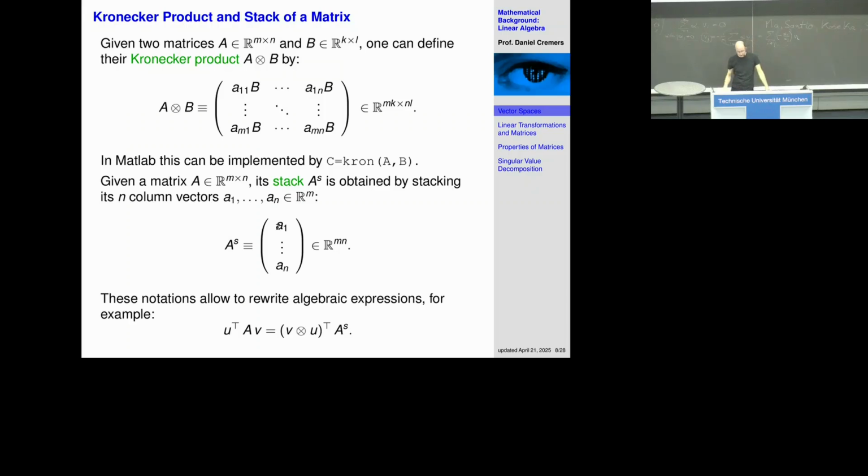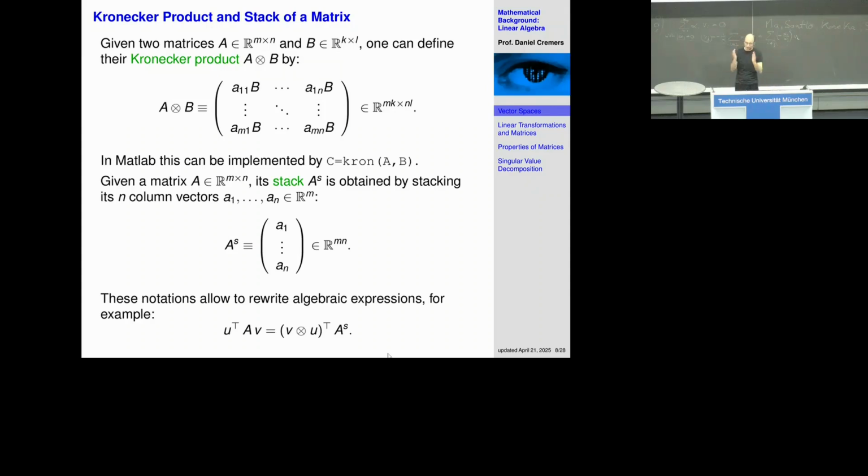You could say, why would you do that? Well, sometimes this comes in handy. For example, if you have two vectors u and v, and a bilinear form u transpose A v with a matrix A, then this is actually the same as taking v Kronecker u, transposed, times the stack of A.